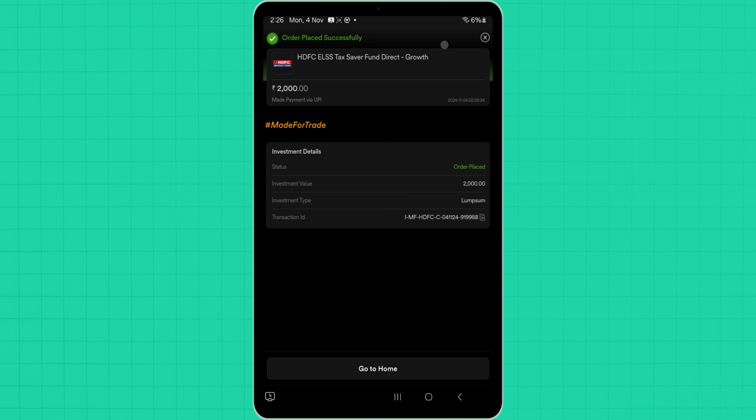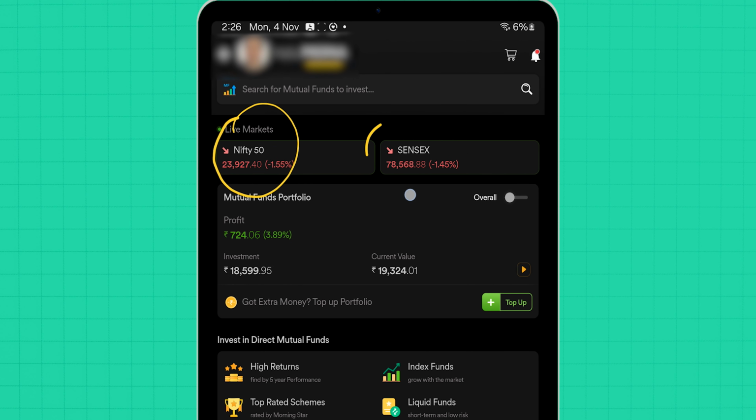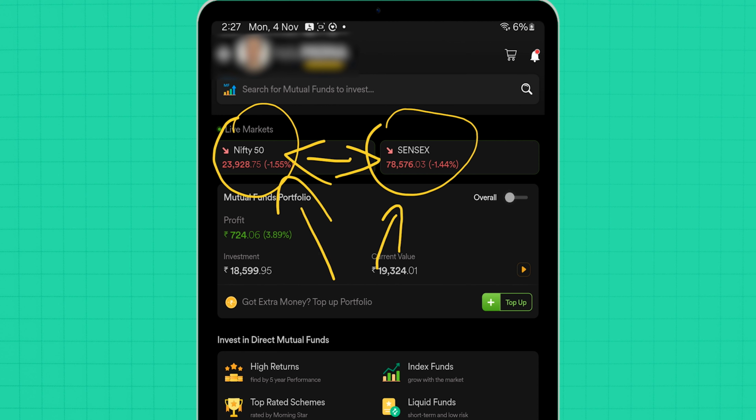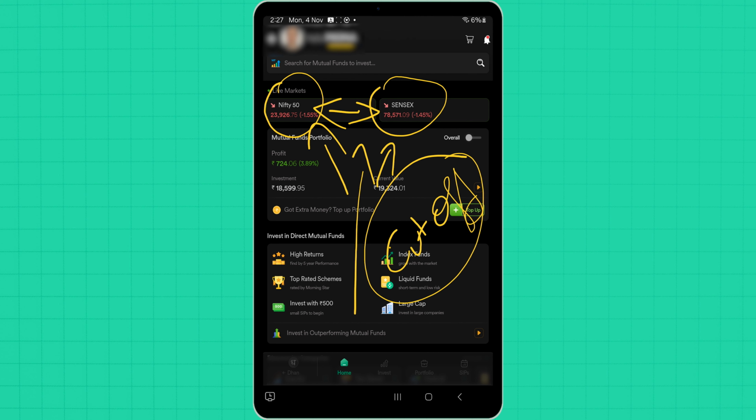Now, one important factor that you need to keep in mind. For example, if I go to home, you will notice that the markets are down today. A lot of people I have seen obsess over investing in the market on the same day when the markets have fallen. While I don't have any investment advice for you on this being a good strategy, what I can tell you is that if you are looking to get the price which is prevalent today or which will be prevalent at the end of the day today, there is something called a cutoff period which you need to have in mind.